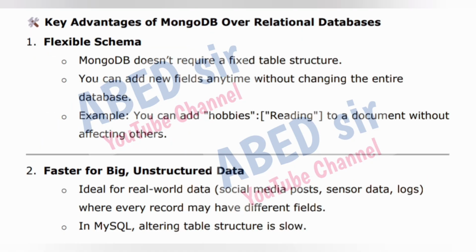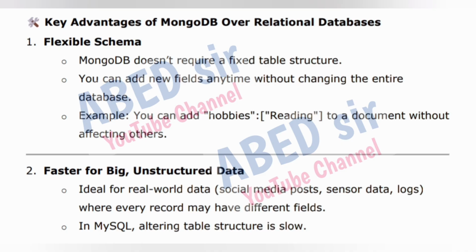Key advantages of MongoDB over relational databases. 1. Flexible schema. MongoDB doesn't require a fixed table structure. You can add new fields anytime without changing the entire database. Example, you can add hobbies: reading to a document without affecting others.